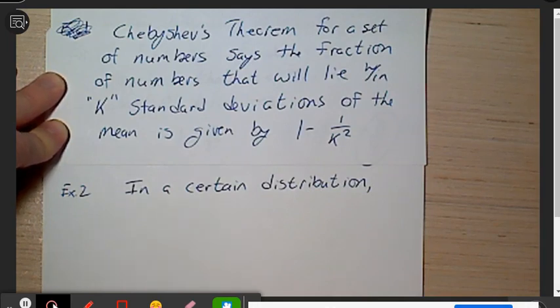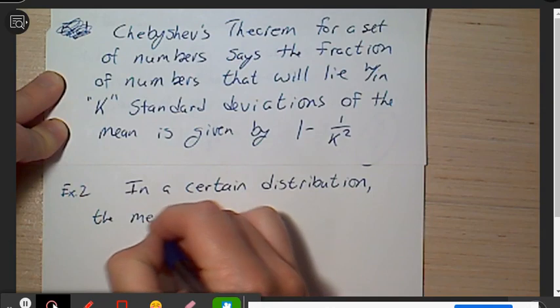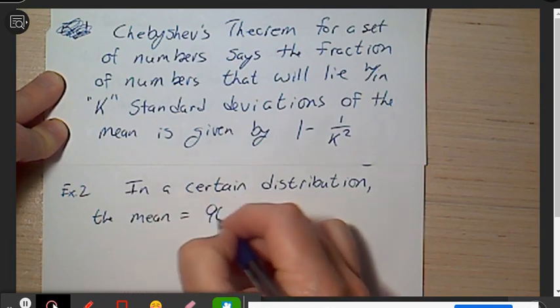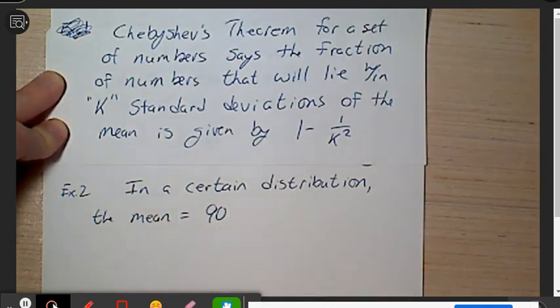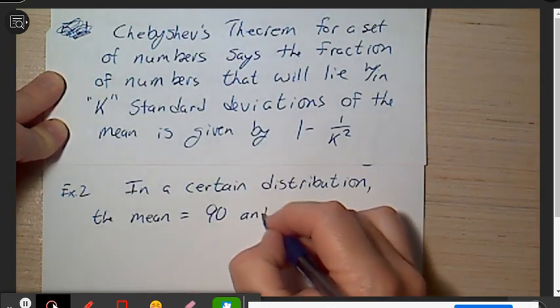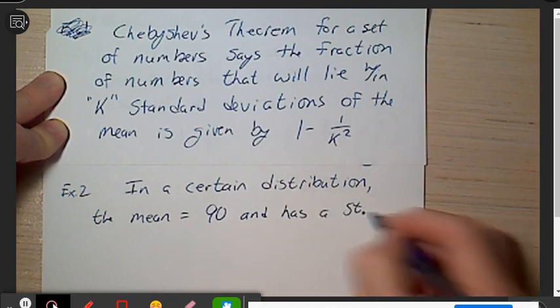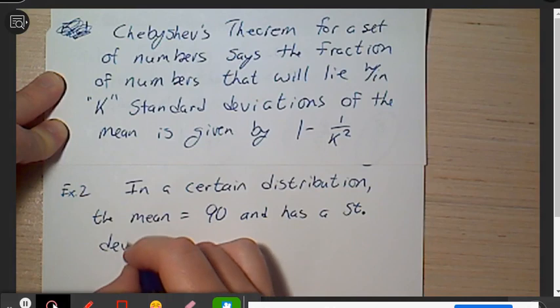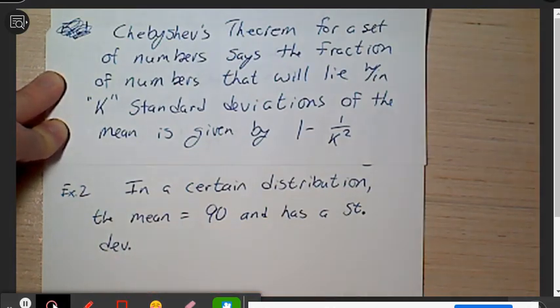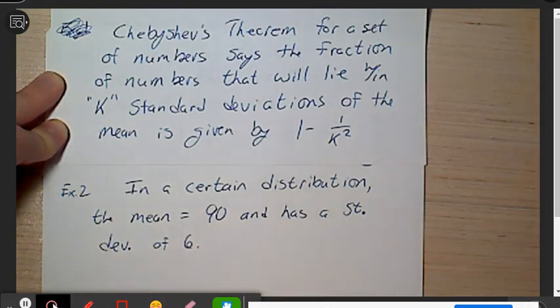Instead of giving you the standard deviations, this one gives you all the information that's here. It's going to say within a certain distribution, the mean equals 90. And has a standard deviation, we'll just abbreviate on that just to make things go a little bit quicker, of 6.